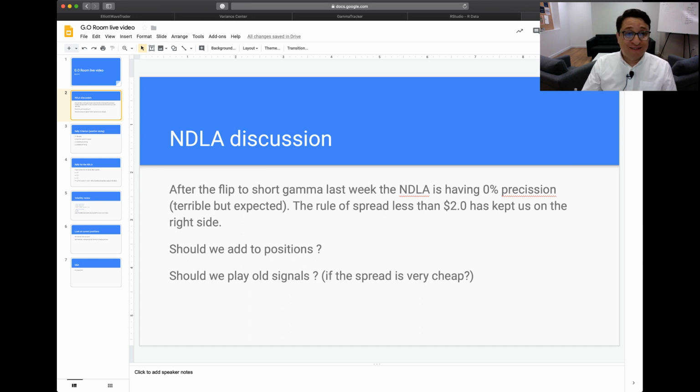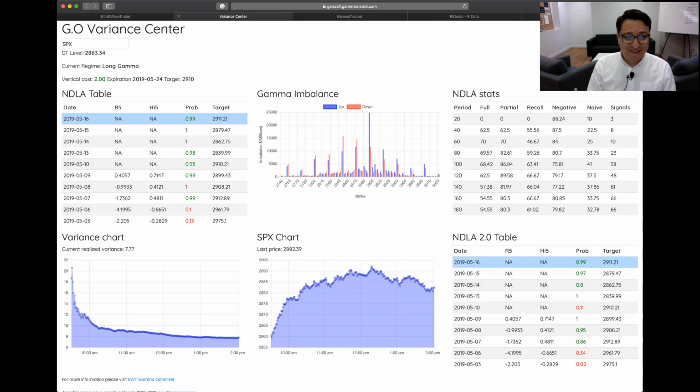Let's start with the NDLA, which is kind of the start of the Gamma Optimizer room for now. If you notice, let's look here at the variance center. If you notice the NDLA right here, I know that the mouse doesn't show in this particular broadcaster, but for the last month we have had 3 positive signals so far, and all of them have been false positives. So the precision of the NDLA is down to 0 again.